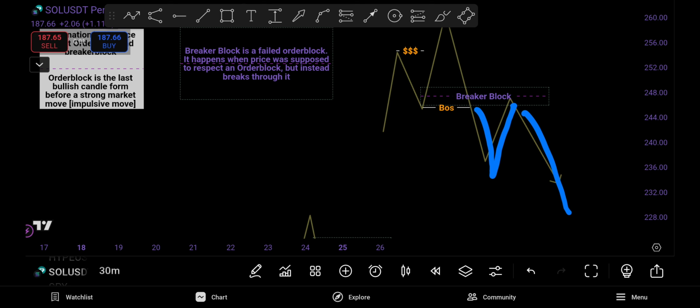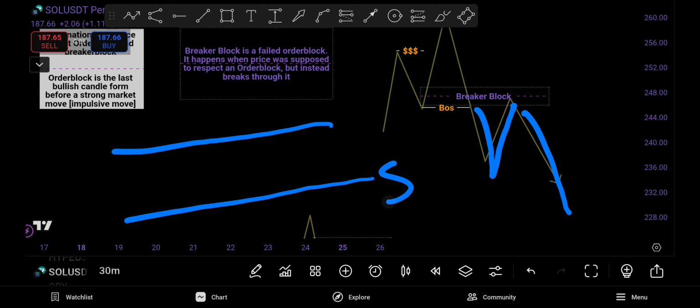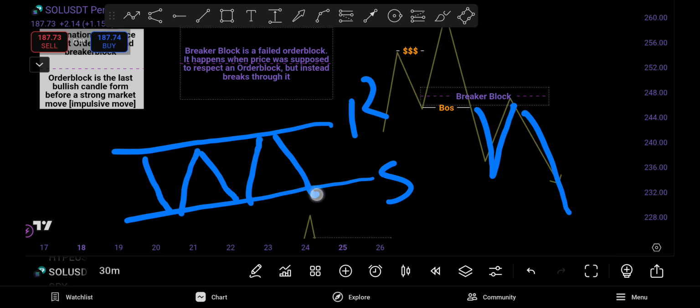Just as we all know for support and resistance, like I said, this is a support, this is a resistance, and the price moves: equal high, equal low, equal high, equal low. If you notice, the price is respecting this resistance and the support.